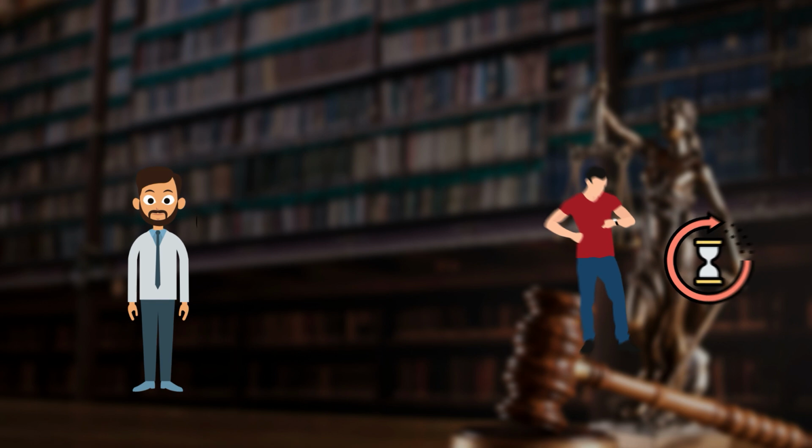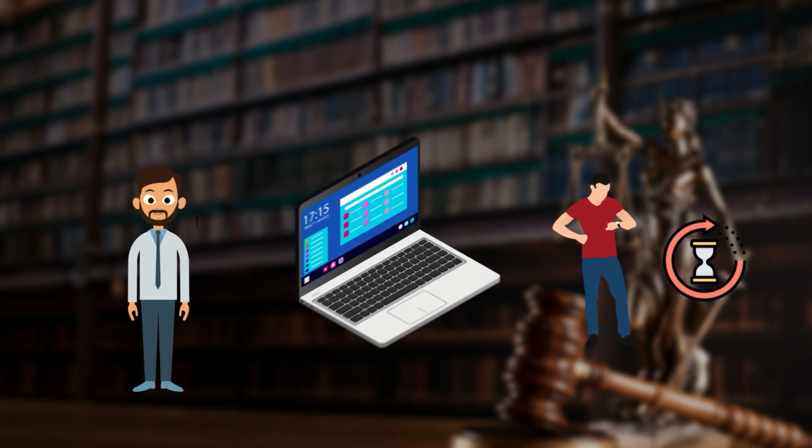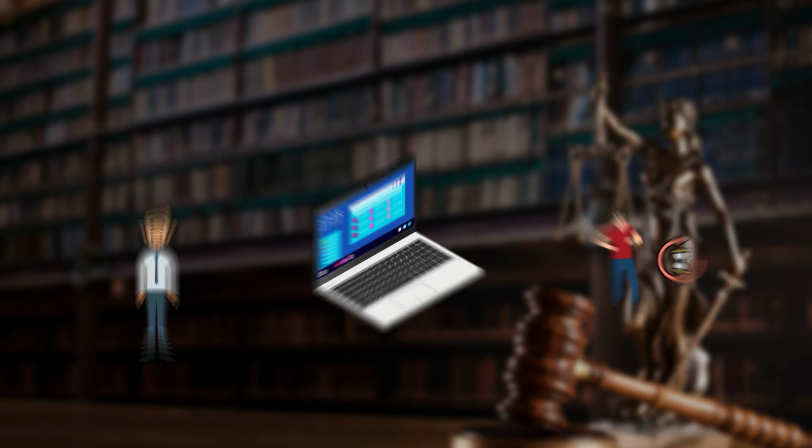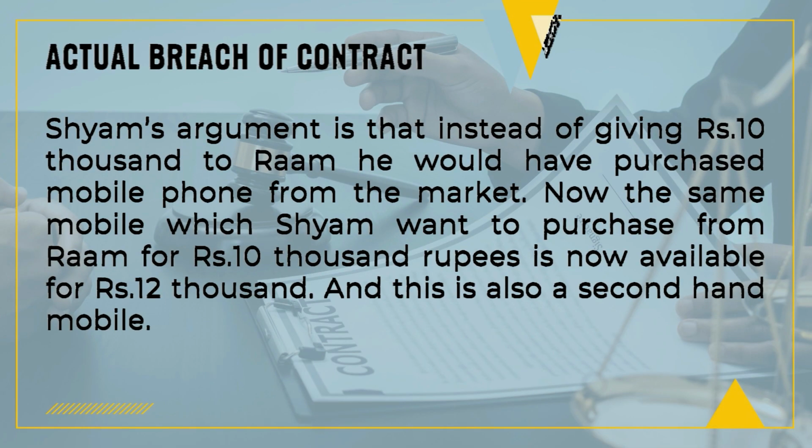Here Mr. Shyam can wait for a few more days to see whether his friend will hand over the mobile phone to him, or he can demand his friend to give the mobile phone to him, or to compensate him for the loss suffered. Instead of waiting, I would have purchased a mobile phone from the market.